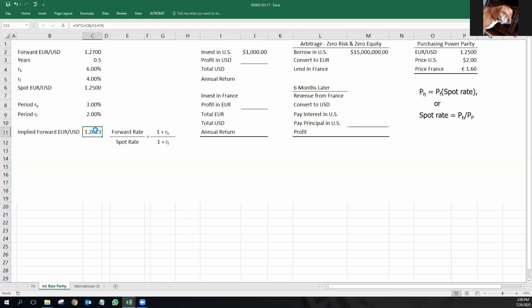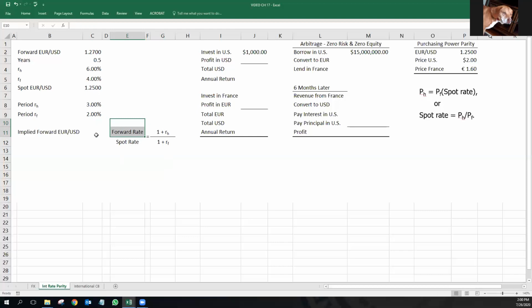Then we look at the implied forward rate. We use this formula and solve for the forward rate.